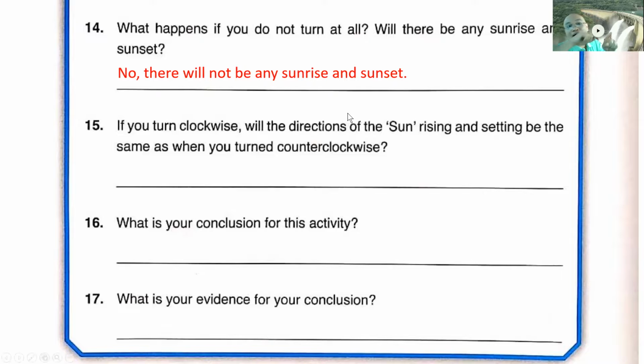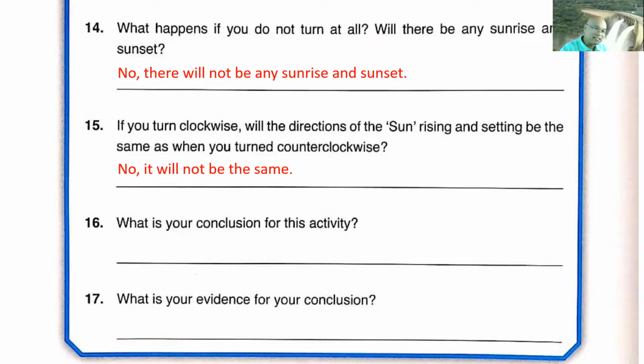If you turn clockwise, remember? Counterclockwise, now clockwise, like your clock's direction. Will the directions of the sun rising and setting be the same as when you turn counterclockwise? What is the answer? Think and imagine. Yeah. No, it will not be the same.